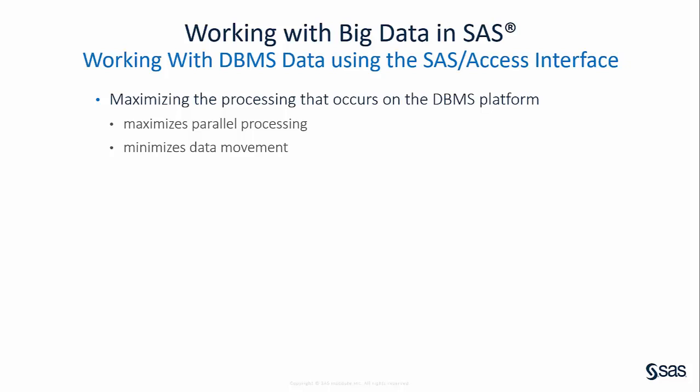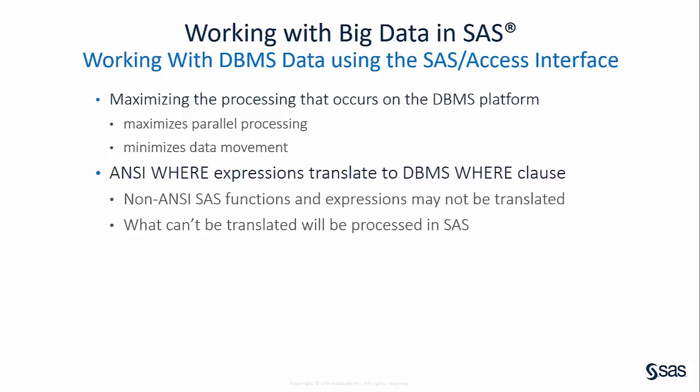All right, so working with database data, we really want to maximize the amount of processing that happens over on the database platform. Why? Because it has all that lovely parallel processing hardware, right? We can improve the process we talked about before by being very careful to keep our where expressions as ANSI as possible, using things like LIKE instead of maybe SAS constructs like contains, which can be easily translated into code that will run on the database.